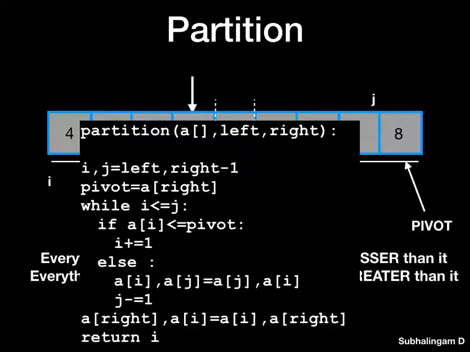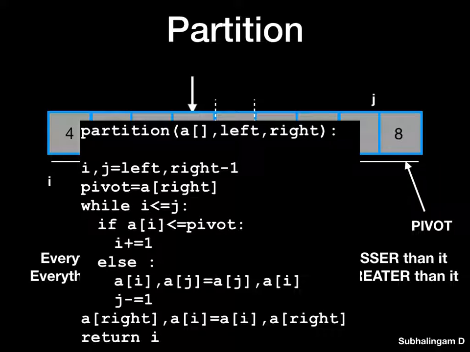So this is the pseudocode for the partition that we have seen. Partition of A, left and right. i and j are left and right minus 1. Pivot is the rightmost element. While i is less than or equal to j: if A[i] is less than or equal to pivot, then I move i to the right, i++.